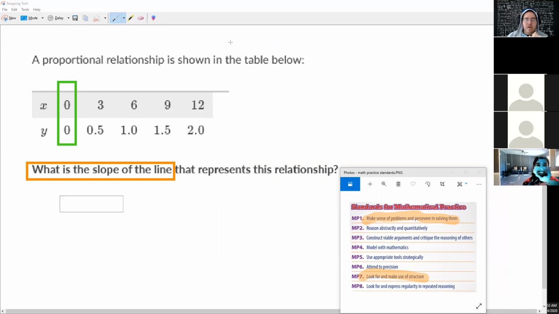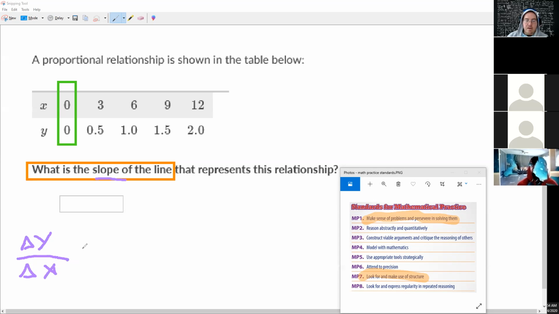You may remember from class me repeating over and over and over again this adage that the slope, that is the change in y over the change in x.